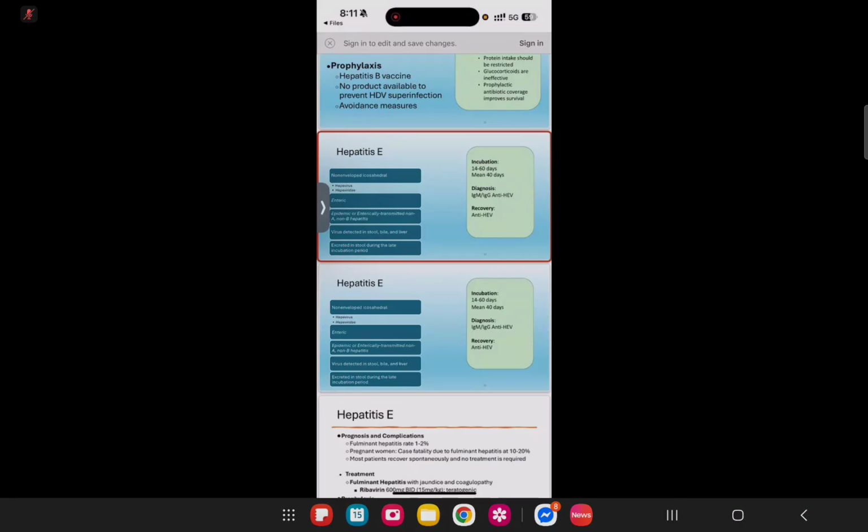It is transmitted through the enteric route, meaning the fecal-oral pathway, similar to hepatitis A. Hep E infection commonly occurs in epidemics in developing regions where sanitation is poor, or as sporadic cases in some endemic areas. So again, the two types of hepatitis that are transmitted enterically are Hep A and Hep E.